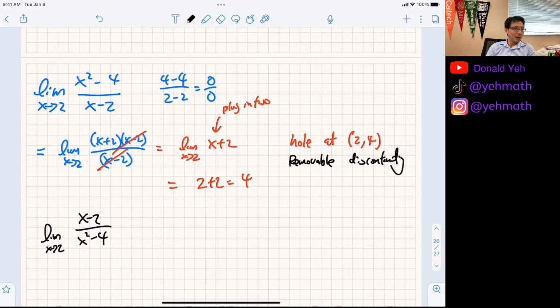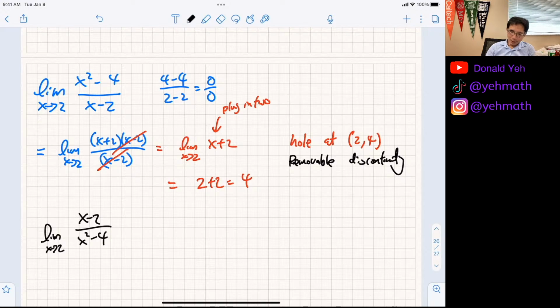Nobody can tell me? Reciprocal? Yes, they are reciprocal. At where? The asymptote. Not at 2, at negative 2.